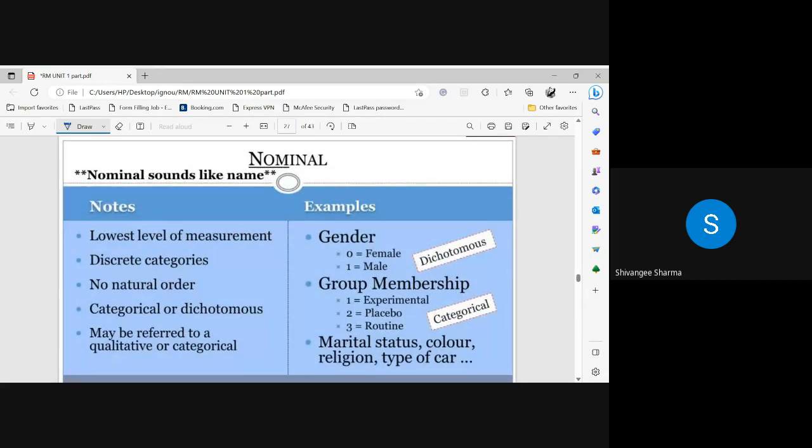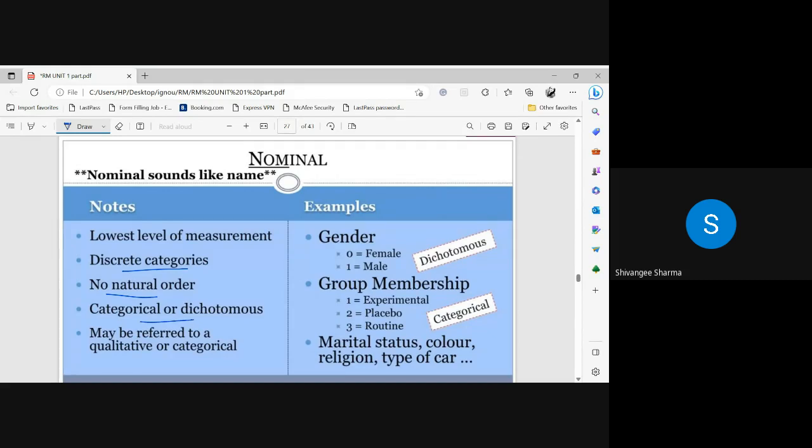So what is nominal? Nominal is name. You are just giving a name. Lowest level of measurement. Discrete categories. They are not related to each other. There is no natural order. 1, 2, 3, 4 doesn't mean that one comes first or two comes second or three comes third. It's simple category.